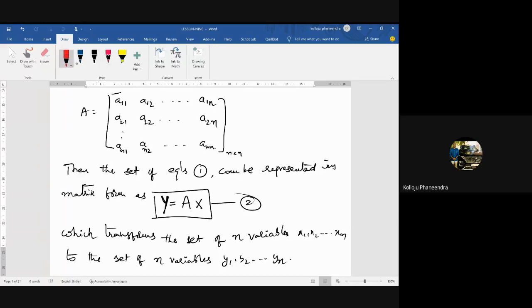So this is a transformation: it transforms these variables to these variables.